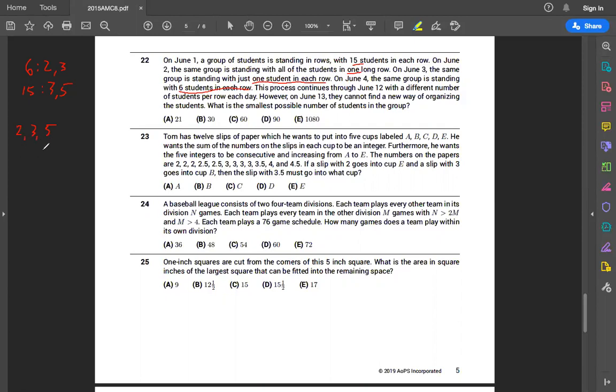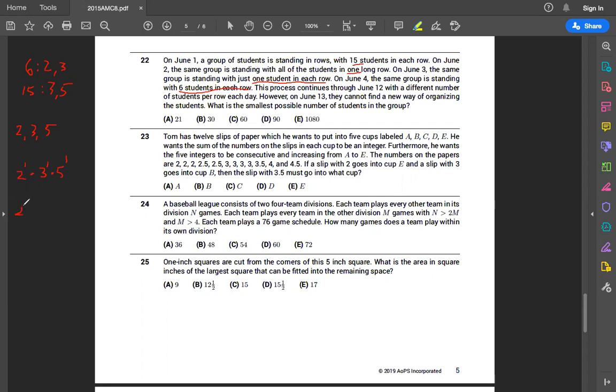Now we need to know, how do we find the number of factors in a number? Well, if we write out its prime factorization, in this case it's probably going to be 2 to the first power times 3 to the first, 5 to the first, times something else, but we'll just look at this number for now. How would we find the number of factors? Well, the number of factors of 2 would either have to be 0 or 1.